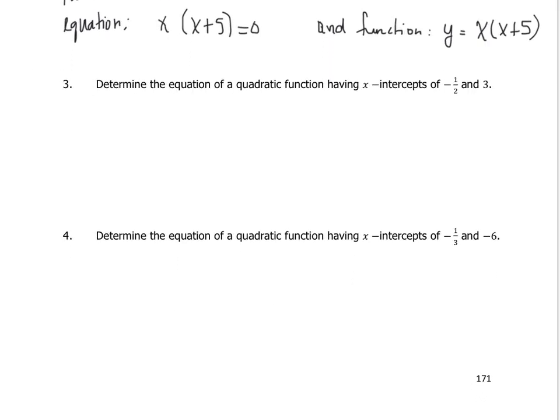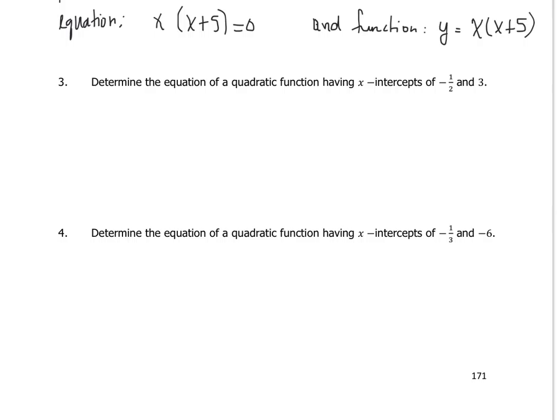Now sometimes the x-intercepts aren't real nice numbers, but you can still use the same process to find the function that has those x-intercepts. So if we have x-intercepts x equals -1/2 and x equals 3, then if I don't like having the fractions there, I could multiply both sides by 2 to get rid of the fraction, which would give me 2x equals -1.